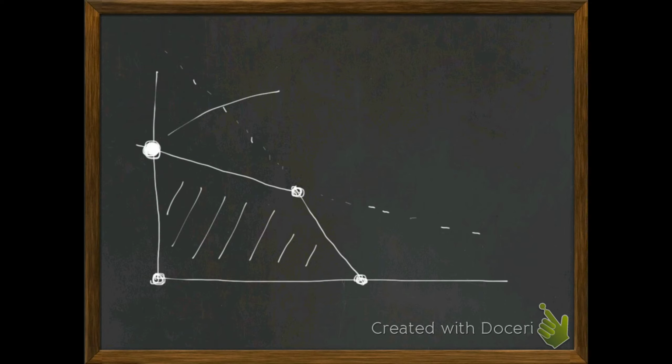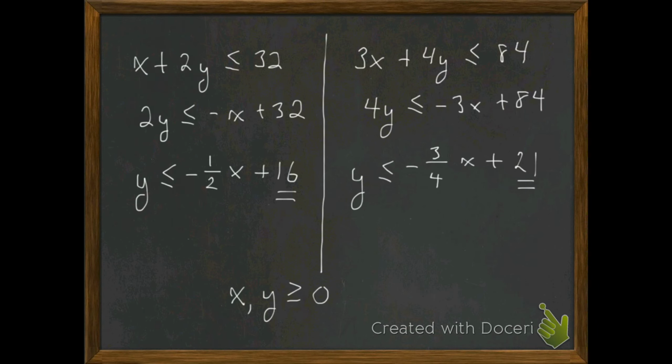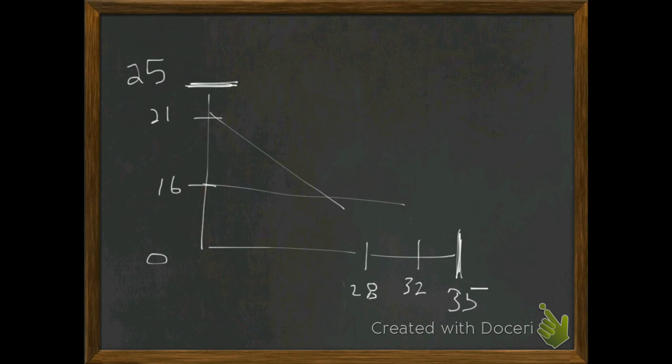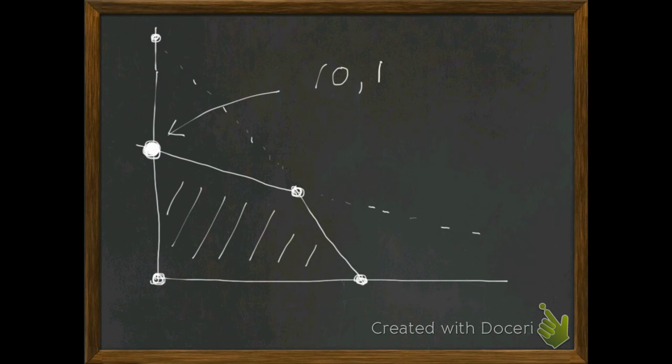What is that ordered pair? Well, it's going to be 0, comma, whatever. Again, you got to think up here. There's another y-intercept up here. So which line has the lowest y-intercept? Well, that would have to be this one right here, the 16. So I know that point has to be 0, comma 16.